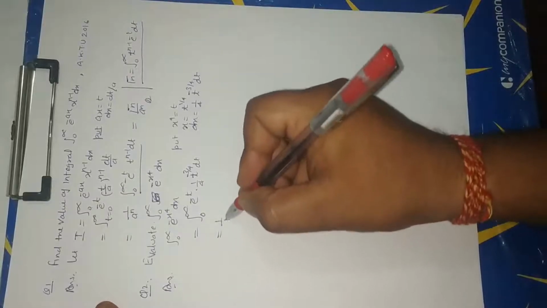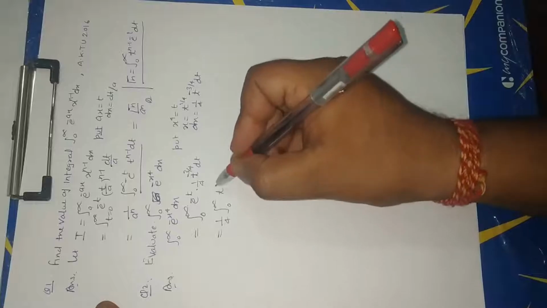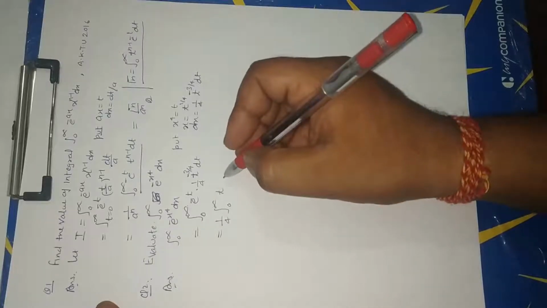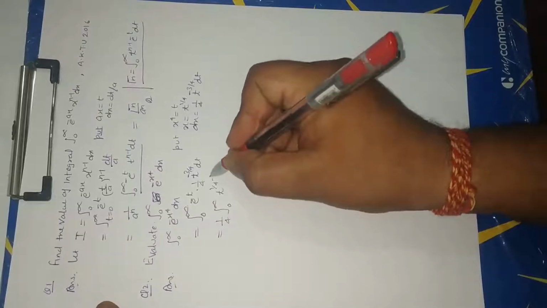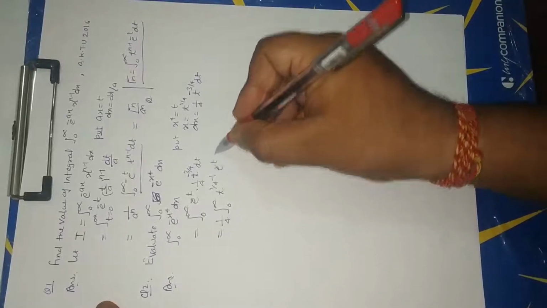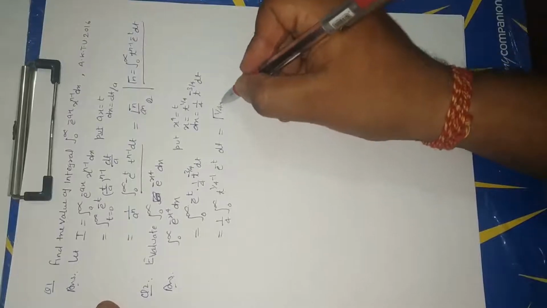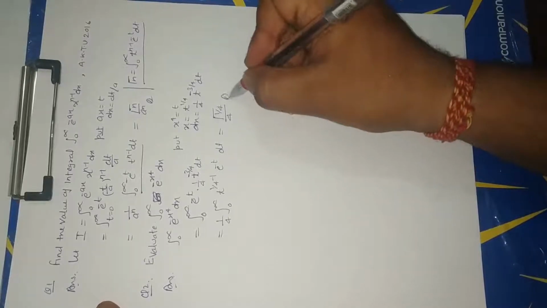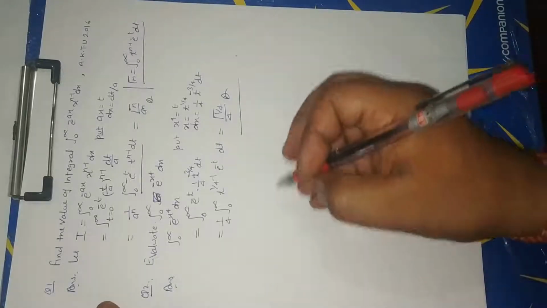This is equal to 1 by 4 common, integral with limit 0 to infinity of t to the power 1 by 4 minus 1, e to the power minus t dt. This is equal to the value of gamma 1 by 4 upon 4. Now next, question number 3.